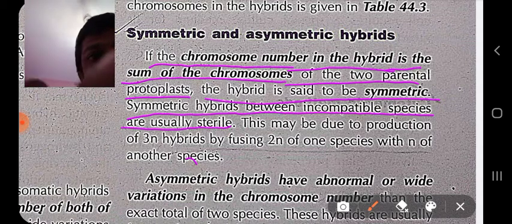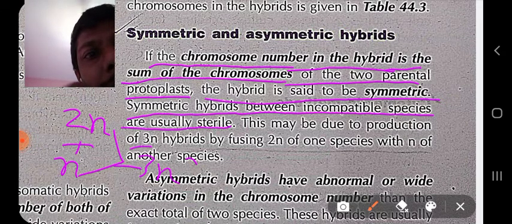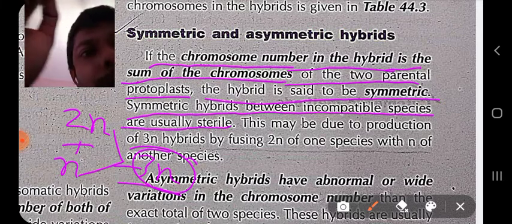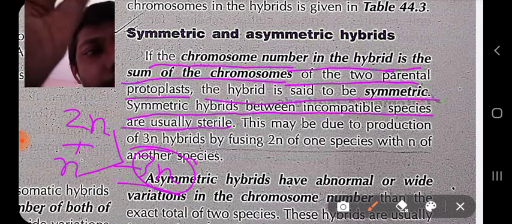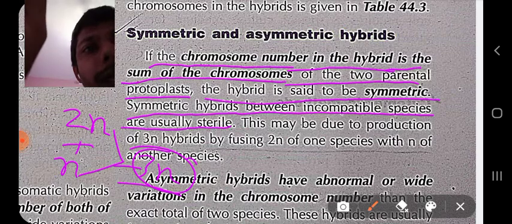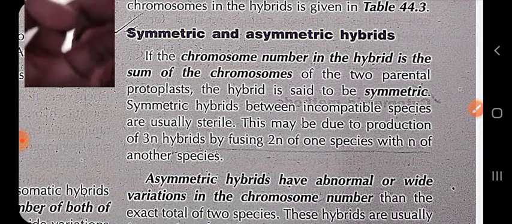That means fusion between 2n with n gives rise to 3n, right? That is triploid, so that makes them sterile. This is due to production of 3n hybrids by fusion of 2n of one species with the haploid number of chromosomes from another species. So more information has been given related to the symmetric hybrids and asymmetric hybrids.